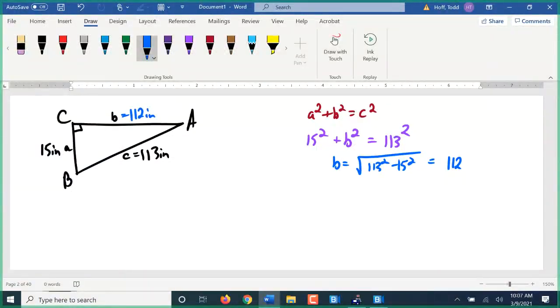But again, like I mentioned, I'd like to go back to the original information, the information we were given, because even though I'm pretty confident in that 112 inches, I calculated it. And every calculation we do, there's a chance for an error. So it's always safest to use the given information.